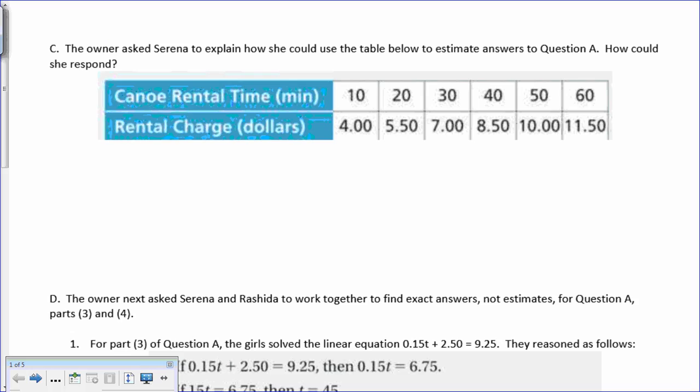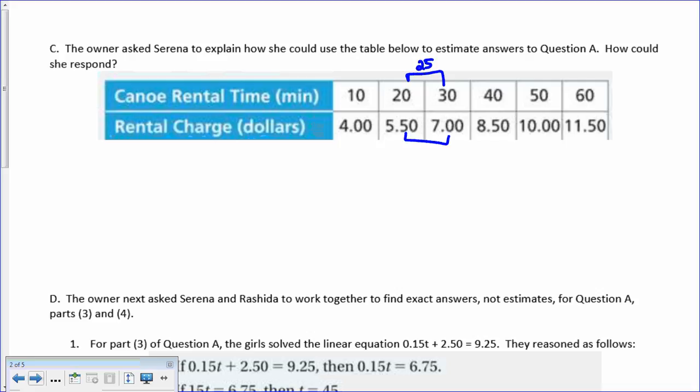All right, moving on. Now the owner asked Serena to explain how she could use a table to estimate those answers. Again, the first question was that she used the canoe for 25 minutes. 25 minutes is right in the middle between 20 and 30, right?